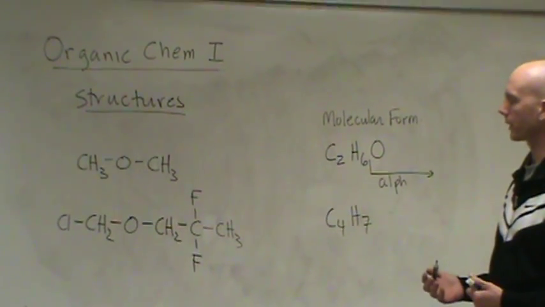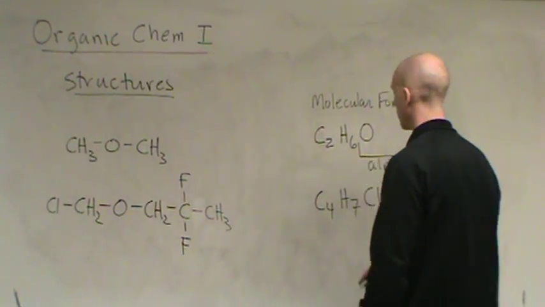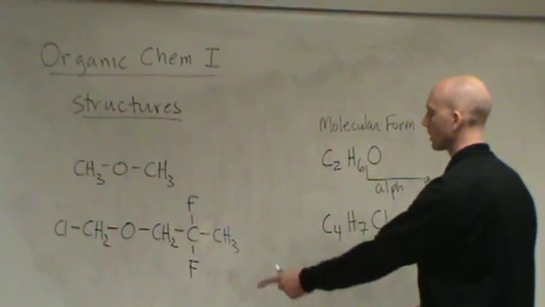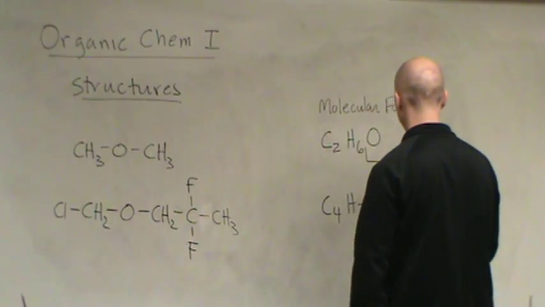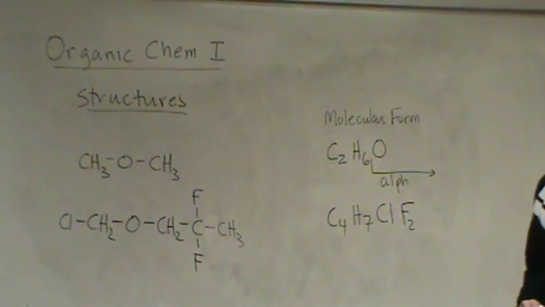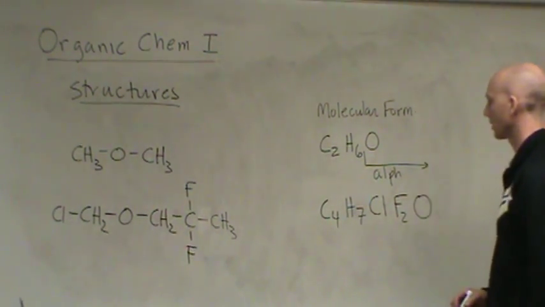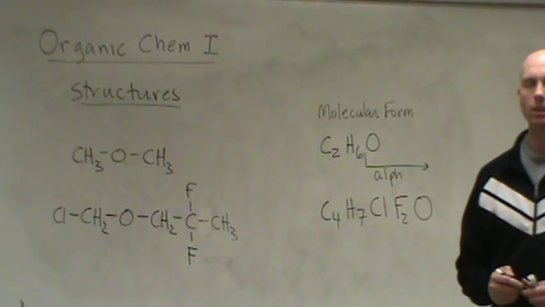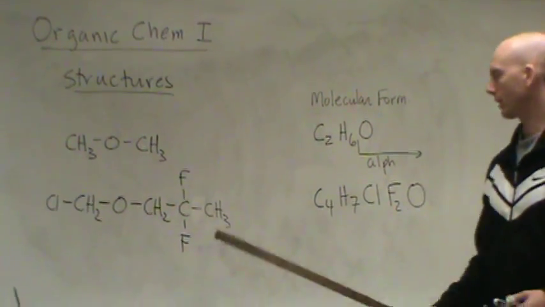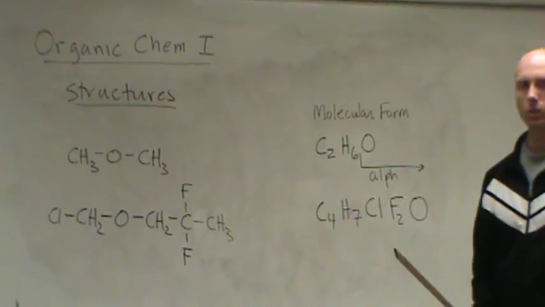But I put it in alphabetical order. So chlorine, one of those. Then I got 2 fluorines. So I show those. And then I have the 1 oxygen like that. Okay? So that would be the molecular formula for this molecule.